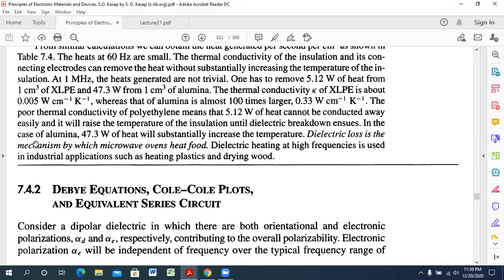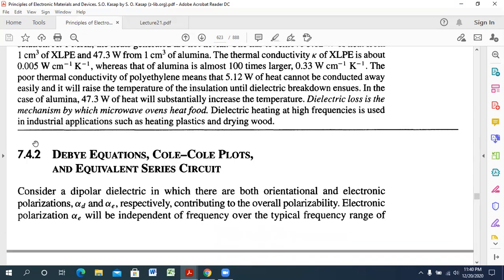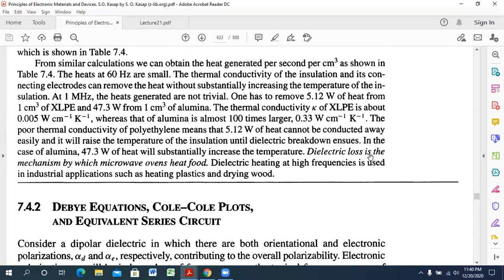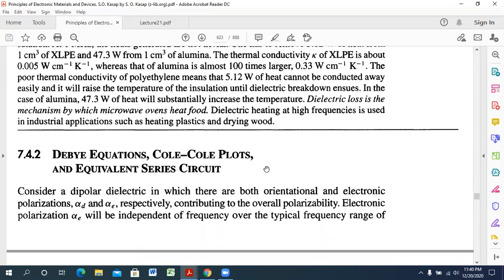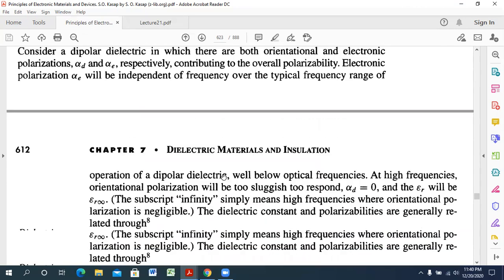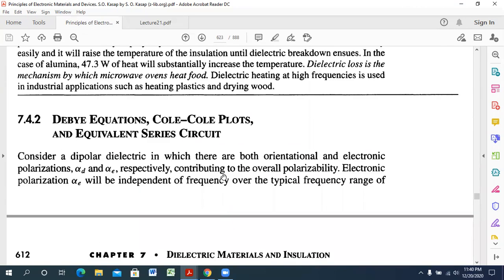7.7. Okay. Now, up to this is the end of article number 7.4.1. The next one is 7.4.2, that means the Debye equations and the Cole-Cole plots and equivalent series circuit. We will not go into details of these things.